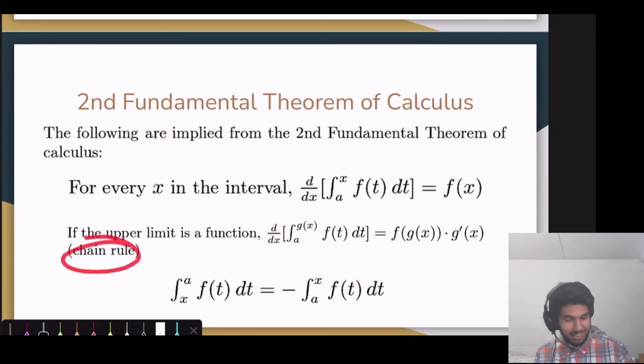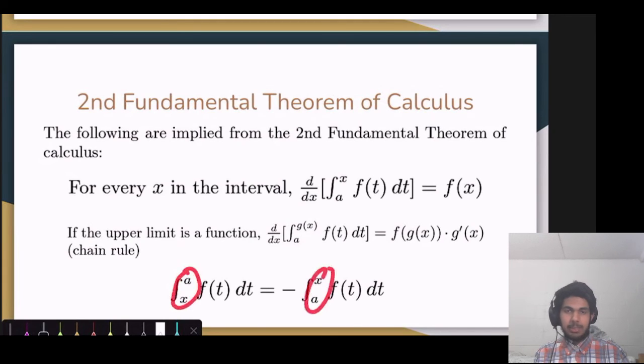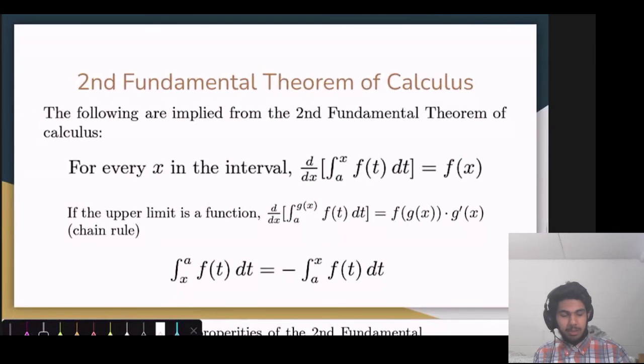In fact, I wrote it there. I didn't even realize that until now. And lastly, another very important fact is that if we swap the limits of integration, the integrals are the same in size, we just have to have a negative sign introduced. So flipping the limits flips the sign of the integral. These are the properties we want to be familiar with.